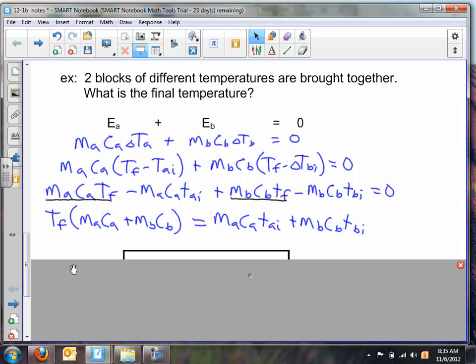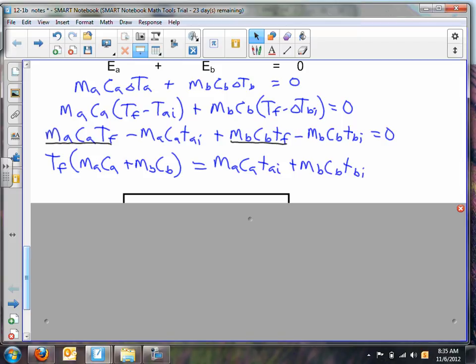I can now divide both sides by the MACA plus MBCB term and get this equation.